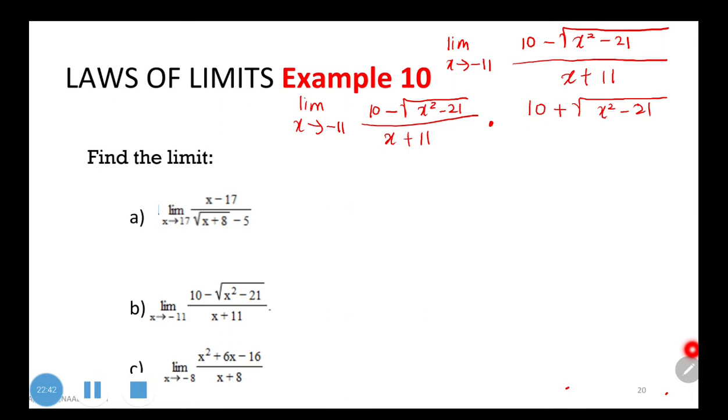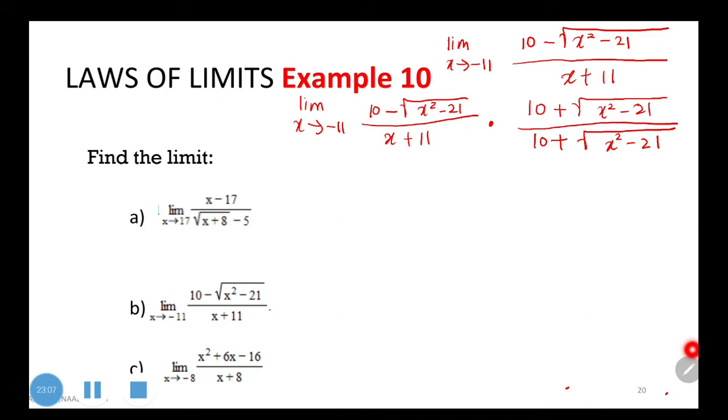So the conjugate is 10 plus, this is a minus sign, so the conjugate should be plus, the square root of x square minus 21. Okay, this time we choose the upper denominator to be used as the conjugate instead of the lower one.